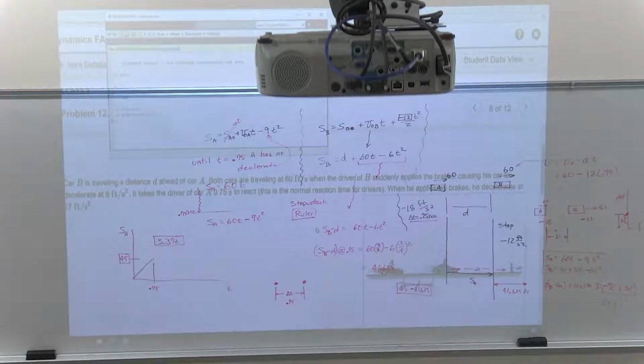I get a bunch of values, but I want to plot distance, and I want the x-axis to be time. Okay, so there's what I get.